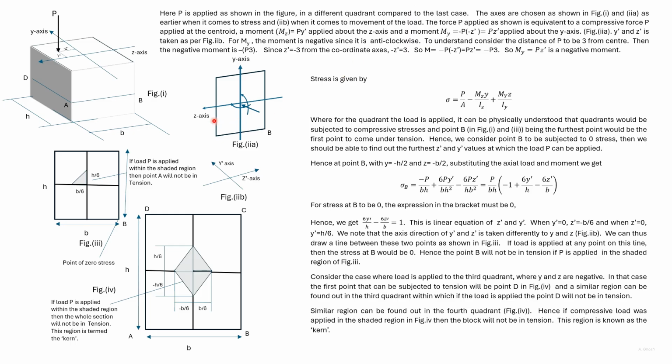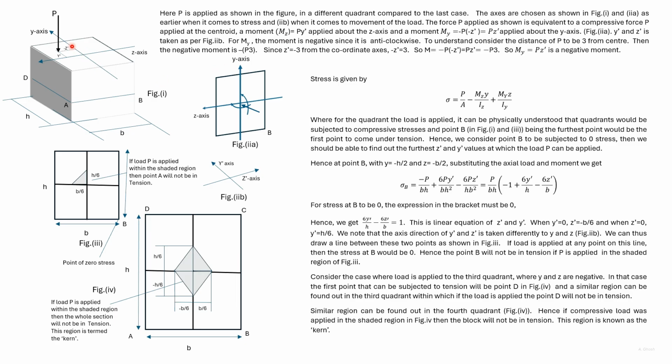The moment about the z axis causes tensile stress in this quadrant and the maximum tensile stress at P. The moment about y similarly causes tensile stress in this quadrant and the maximum tensile stress at P. We do not want tensile stress, so the maximum tensile stress at P has to be 0.